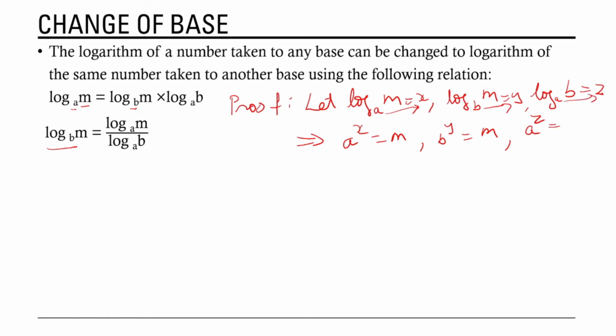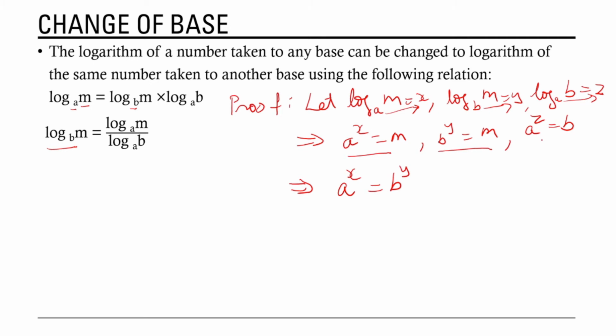So, here we have a raised to x is equal to m and b raised to y is also equal to m. Since the right hand sides are equal, I am equating the left hand sides. So, I am getting a raised to x is equal to b raised to y.